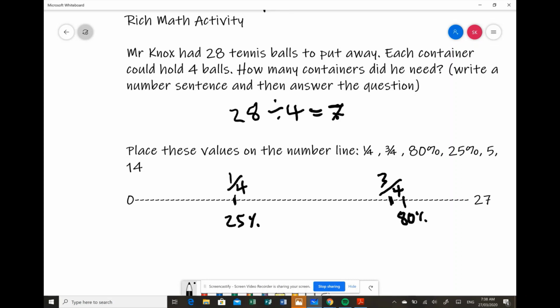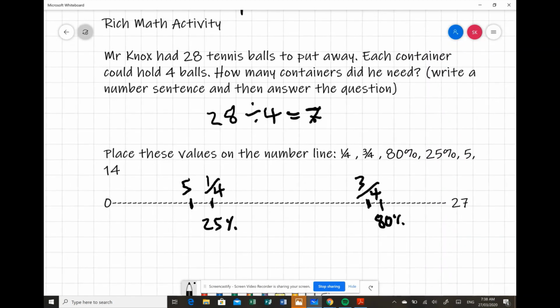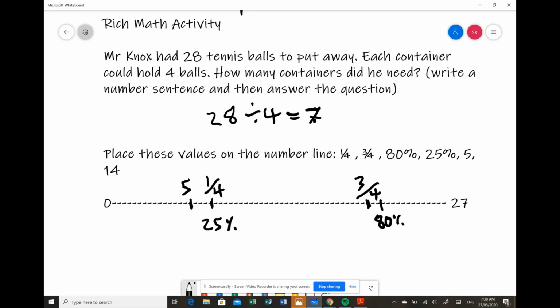And our 0.2 is going to go a little bit less than 1/4. As for our 14, well, half of 27, that's 13.5, so it's going to be around halfway, probably a little bit above it. So 14. And there we have it.